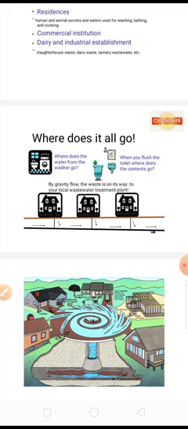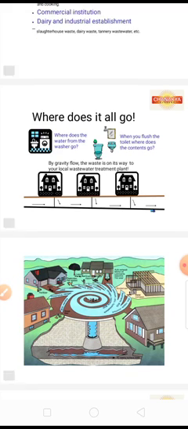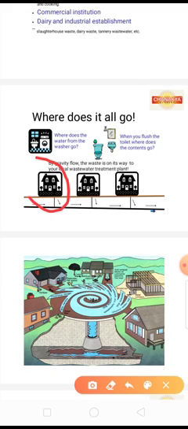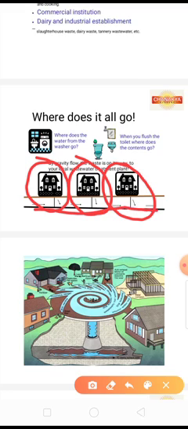Now you can see I have made a diagram. You can see there are various houses. In various houses, all the drainage coming from the different houses needs to be collected and then treated.